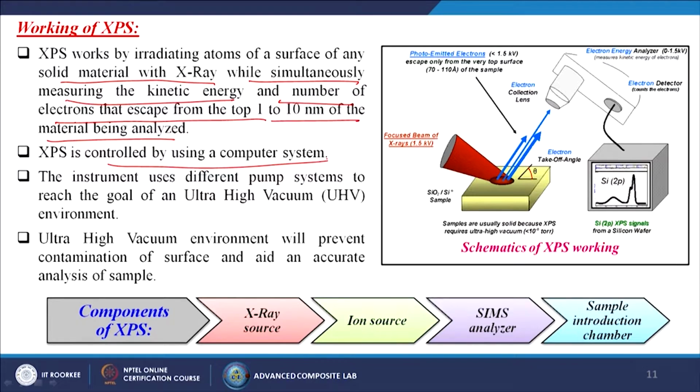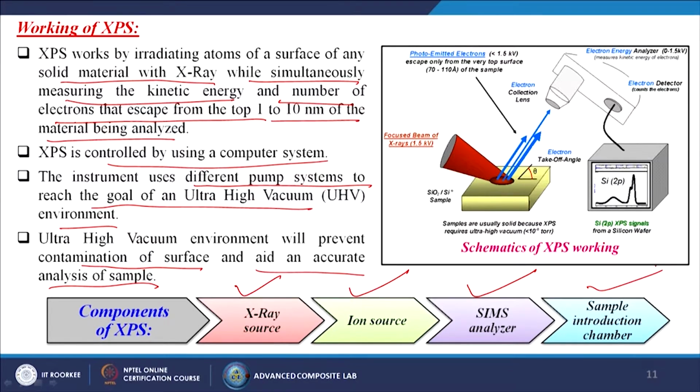The instrument uses different pump systems to reach an ultra high vacuum environment. Ultra high vacuum prevents contamination of the surface and aids an accurate analysis of the sample itself. The components of XPS are the X-ray source, ion source, SIMS analyzer and the sample introduction chamber.